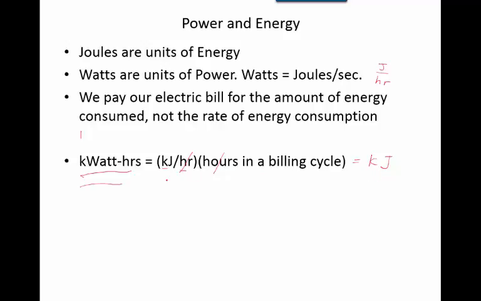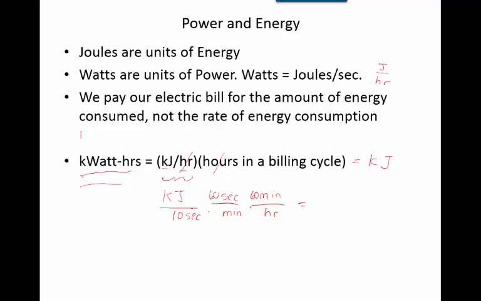And since some of you looked at me funny when I did this, let me just prove to you. Let's say I have kilojoules used in 10 seconds. Well, there's 60 seconds in a minute, and 60 minutes in an hour.